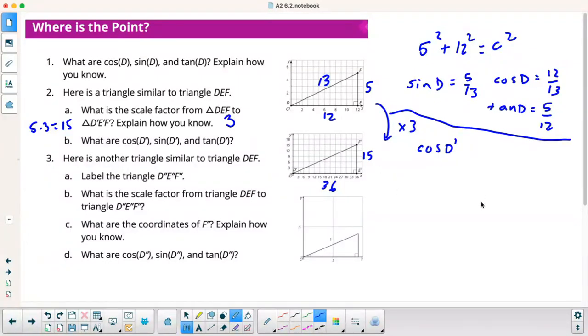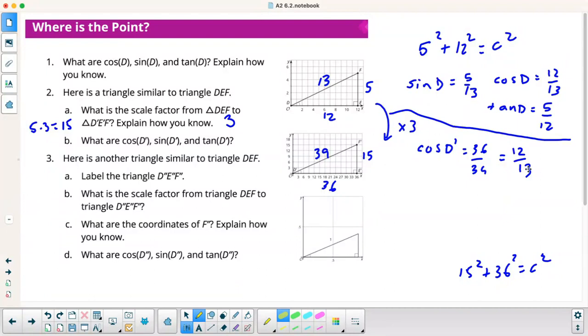So 15 squared plus 36 squared equals C squared, and I get 39. So it's going to be 36 over 39, which if I reduce that down, it gets me to 12 over 13, which as you look here, it's the same there. So they're similar triangles, and they have the same ratio.